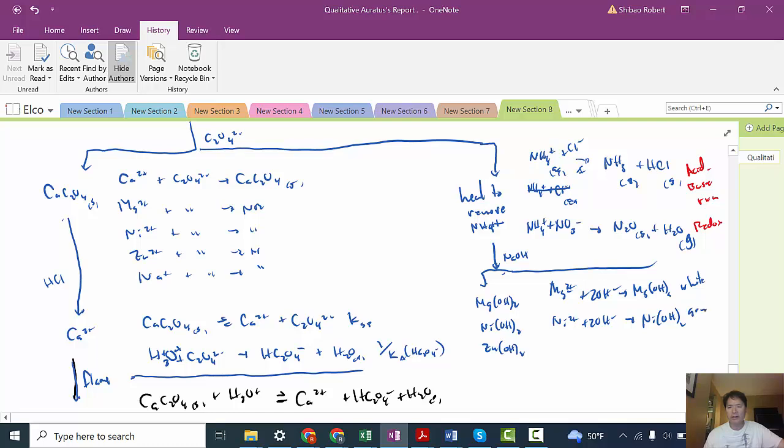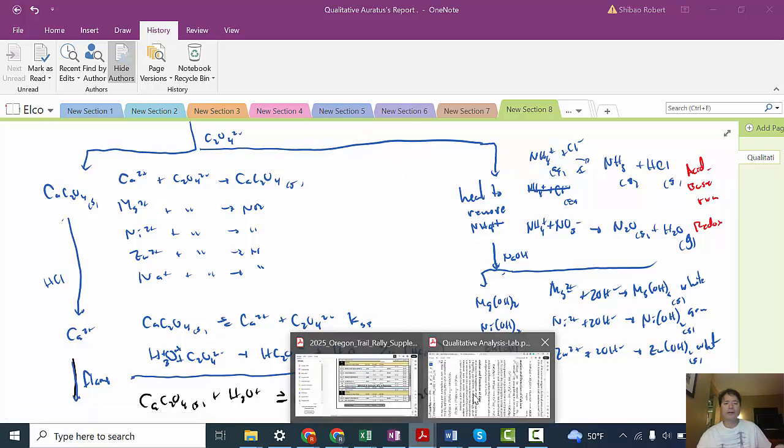This is a green. And then zinc 2 plus 2 hydroxides is going to yield zinc hydroxide. This is a white or potentially colorless precipitate there. So these are all solid precipitates here. Whereas sodium ion is not going to do anything.